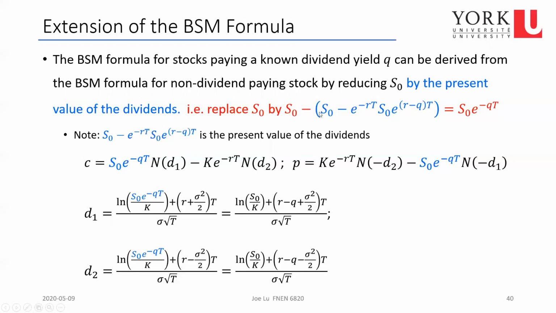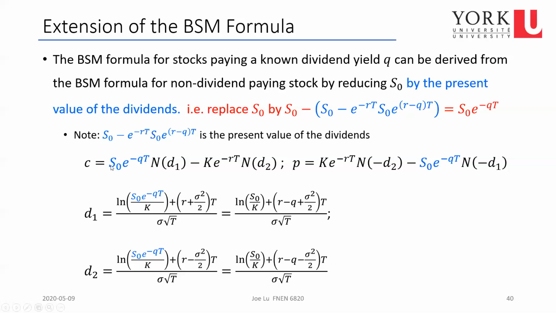So everything under the blue bracket here is the present value of the dividend. So if you sort it out, the new S is really S naught times e to the power minus qT. So if you have that, you should have everywhere in the old formula that has S naught, you should replace that by S naught times e to the power minus qT.